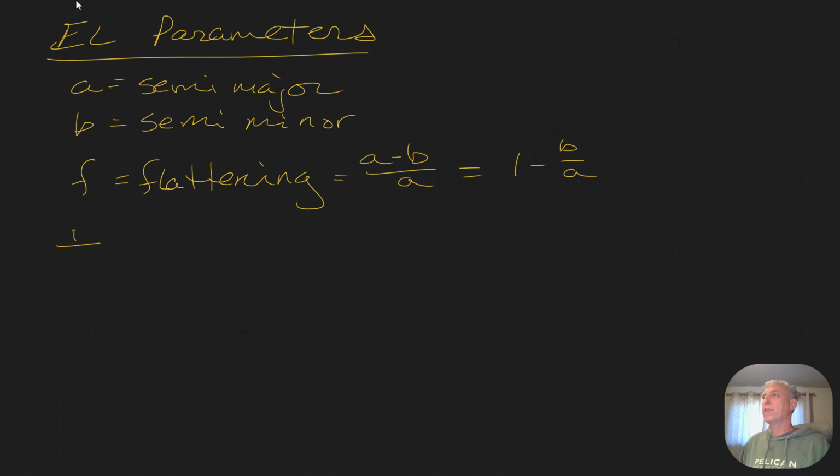We have the inverse, which is just the inverse of that. Let's see, we have the first eccentricity, which is defined in terms of the flattening, it's 2f minus f squared, and the square root of that.